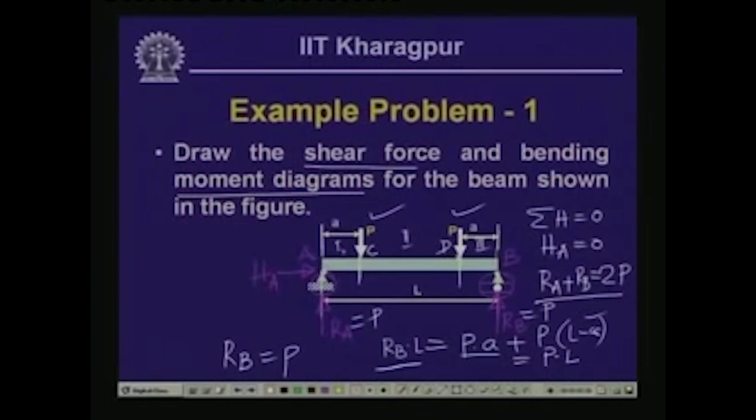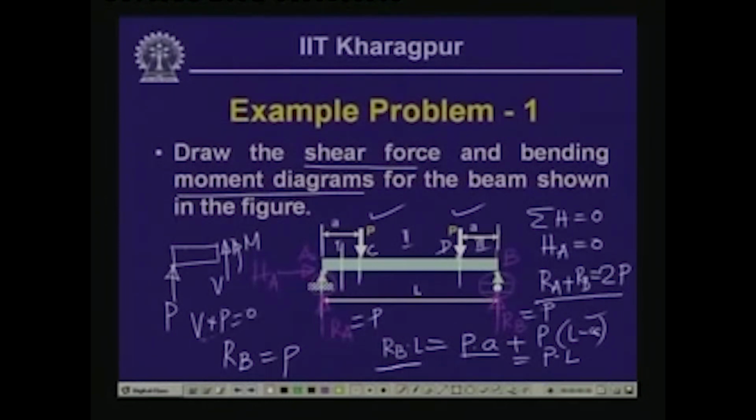Now in the first segment, if we take a section and draw the free body diagram, we have the left part wherein we have the reactive force RA, which equals P, horizontal force is 0, and on this we do not have any other load, and at this cut we have a shear force V and a bending moment M. If we take the vertical equilibrium, V plus P equals 0.